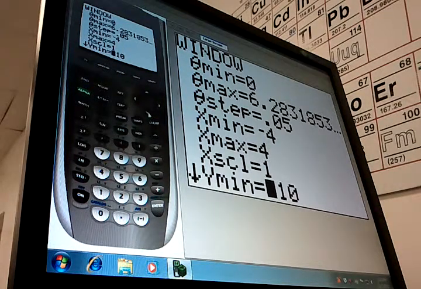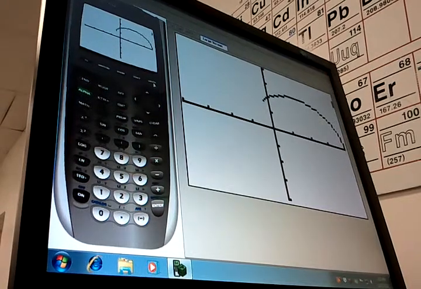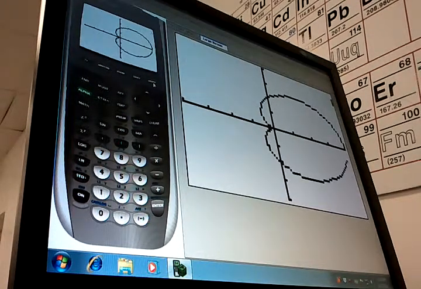And let's make y the same thing, negative 4 to 4. That effectively just zooms in a bit. There you go. I like it. Much better, right? That's basically what we got. A little better just because it's a computer.